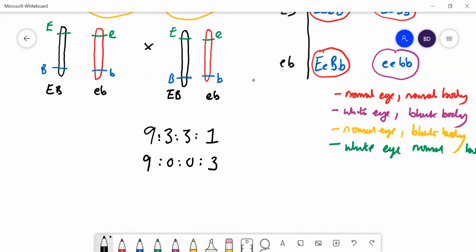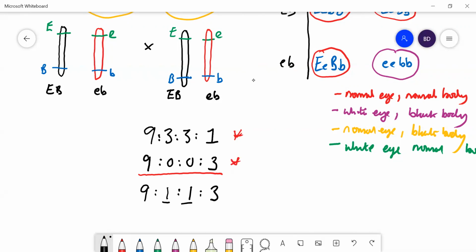So we're either going to get this or that. But in actual fact, it's very rare that you get completely that. What is possible, and very often you see, is a 9 to 1 to 1 to 3 ratio. So you do get these two, but they're much rarer.